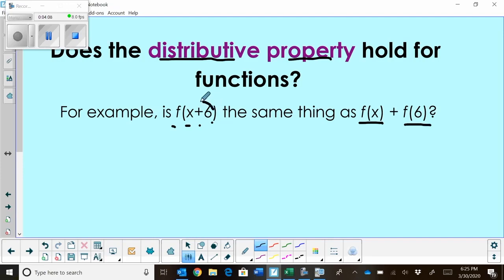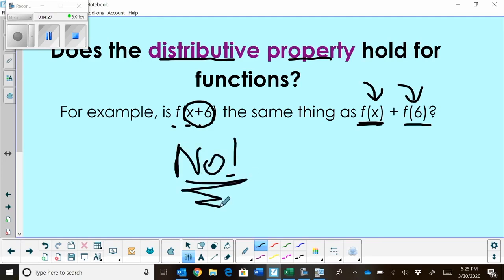If I take a value of x and add 6 to it, am I going to get the same output as if I evaluate f of x and then add the value of f of 6? I hope you're saying, no, that is not true.